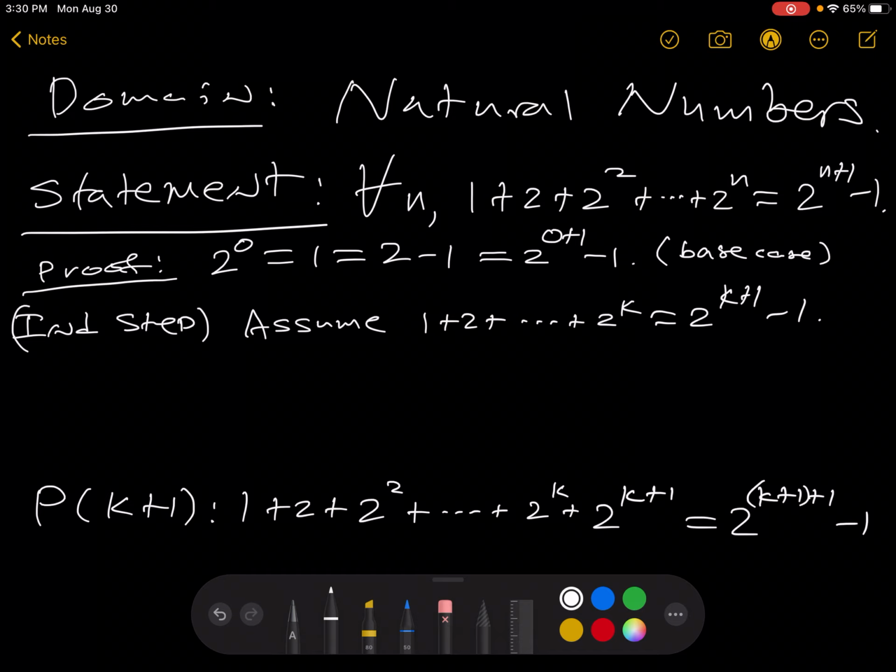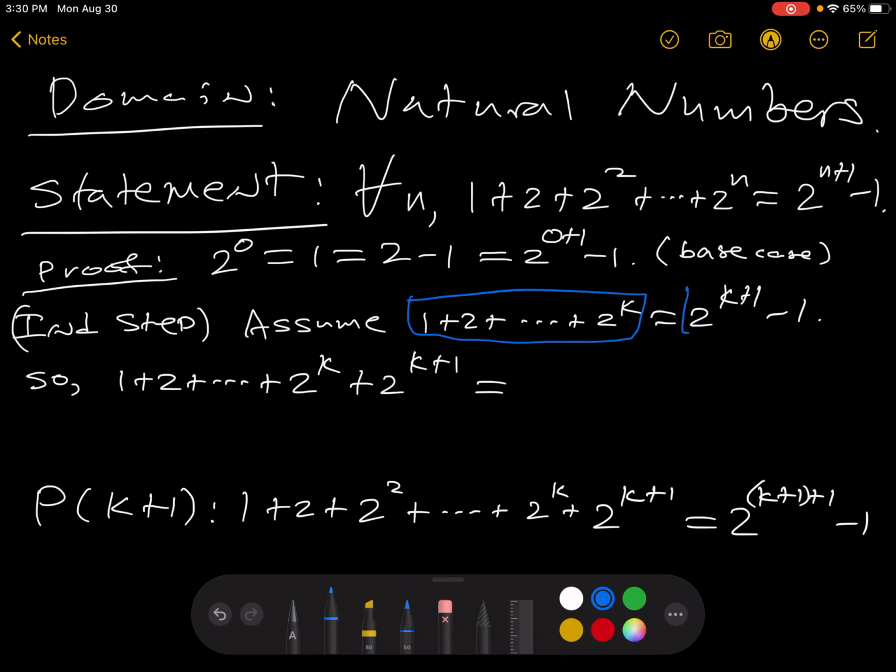Okay, so then 1 plus 2 plus up to 2 to the k plus 2 to the k plus 1. Now you think, okay, what is that equal to? Right, now we're assuming that this is equal to that.